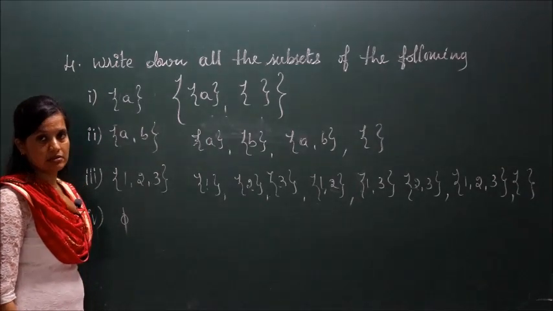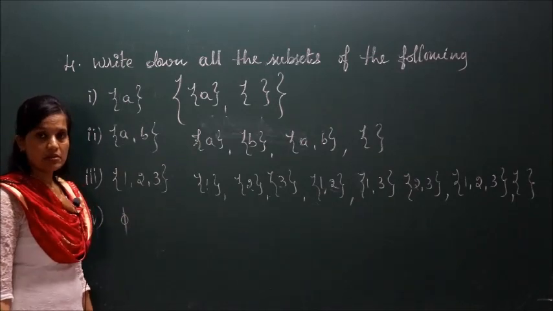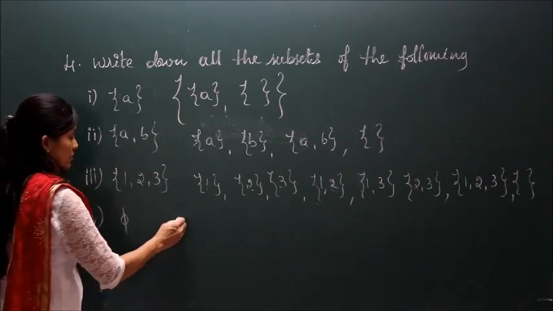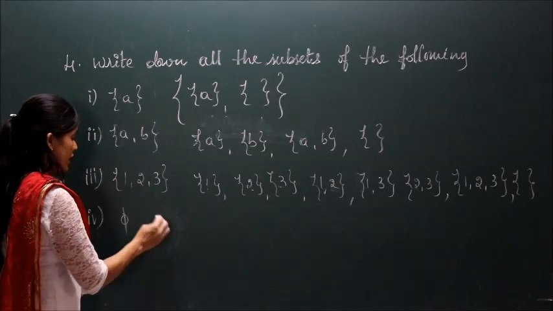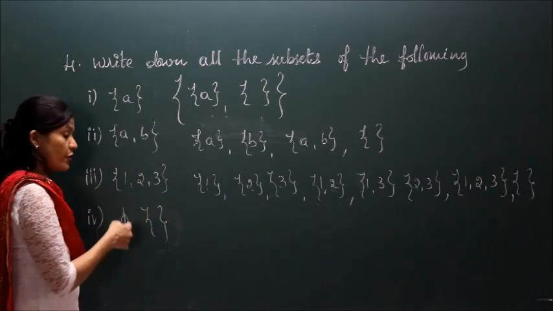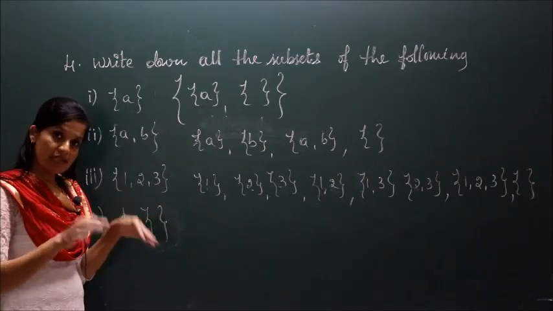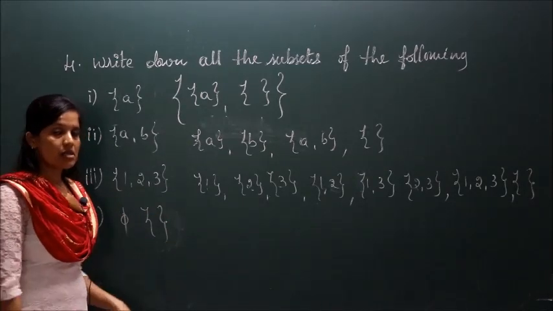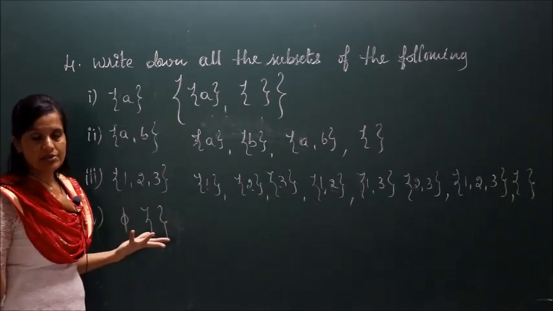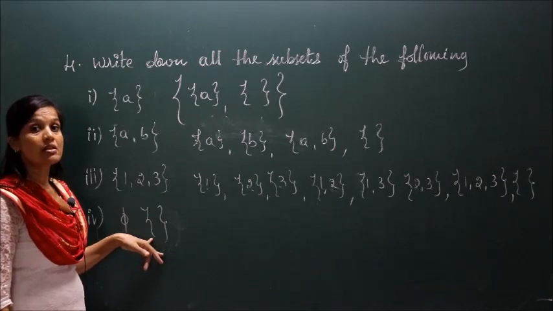This one, see, this is the null set. What are the subsets of a null set? The set itself. This is the null set, or I can write it in this way. Both are the same. So what are the possible subsets? The null set itself is the subset and no other possible subsets. So null set always has how many subsets?